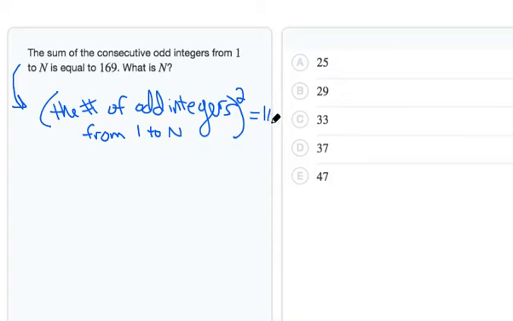And we're told that this is equal to 169. So if we can find the number of odd integers from 1 to n, we can plug in here and then be able to find what n is.